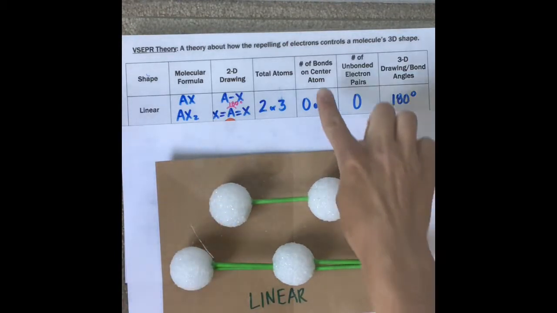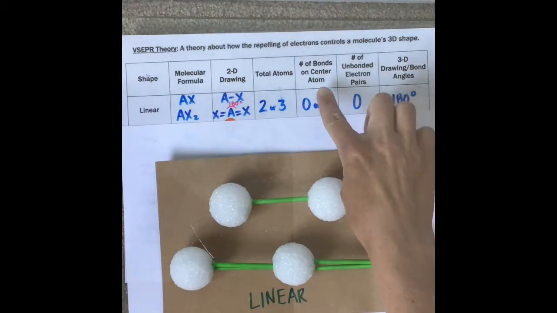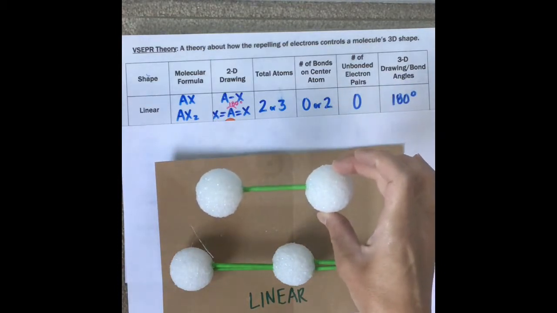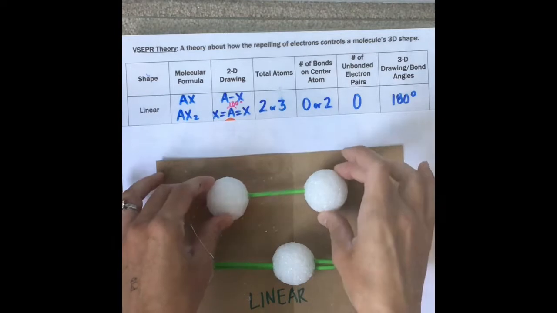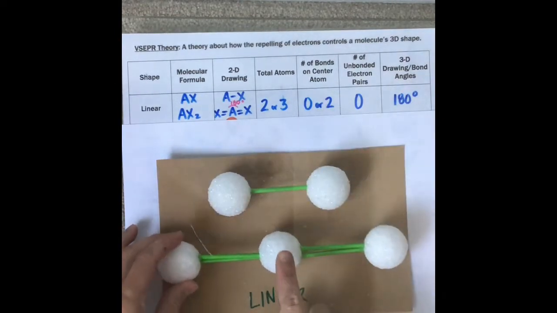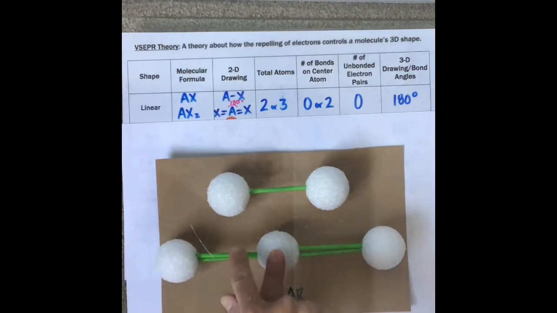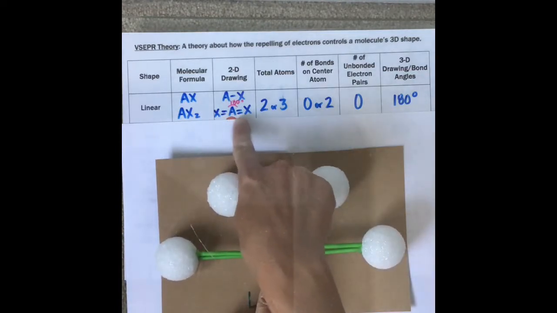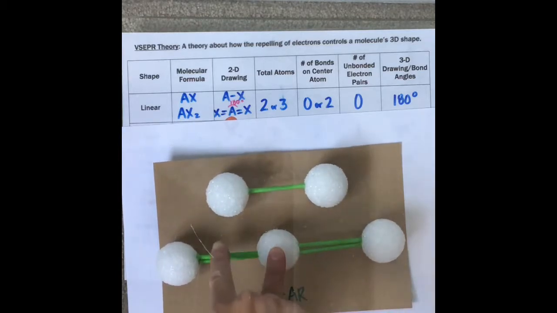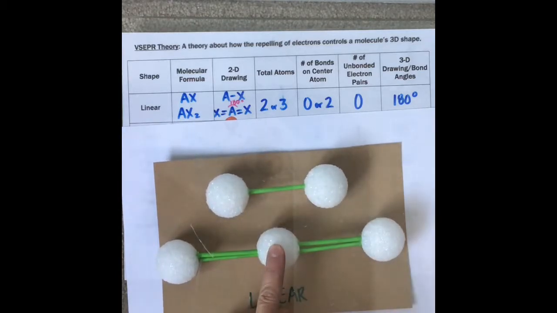When we look at these other columns, the number of bonds on the center atom, if you just have a linear molecule like this, there isn't really a center atom. So that's why I have a 0. And for this one, these are double bonded, like this example here. So it would have 2 bonds or 2 connections to the center atom.